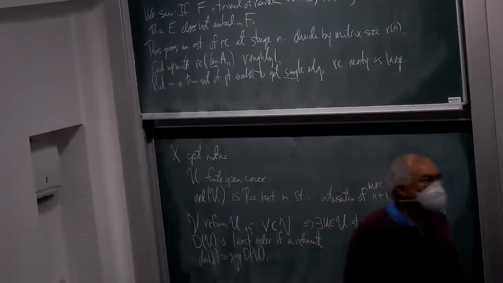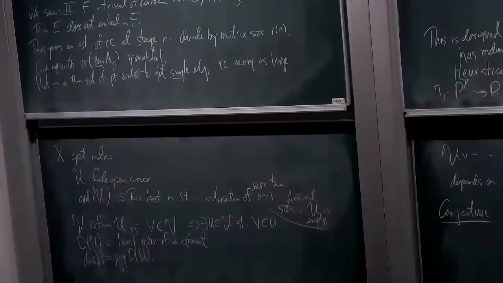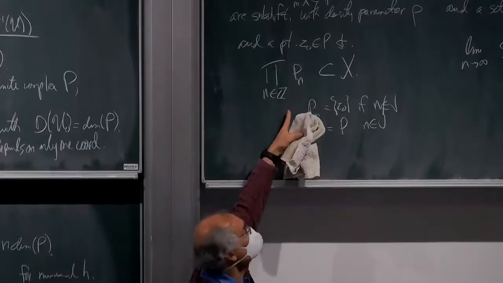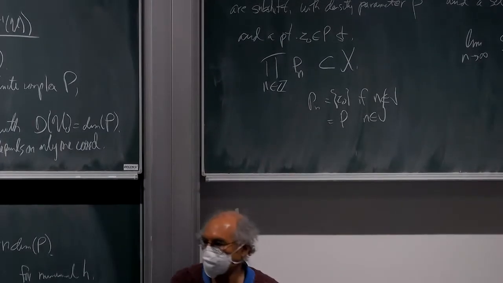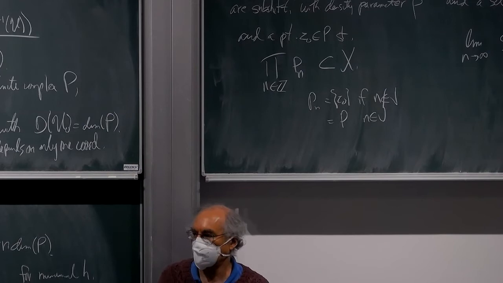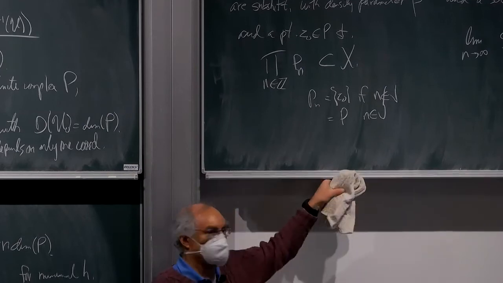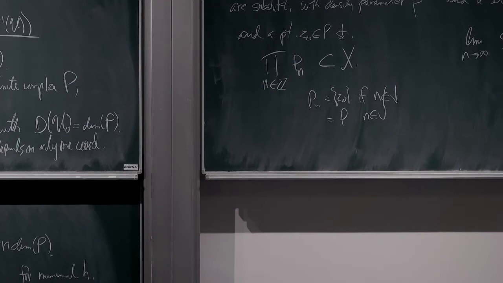And of course, since it's invariant, all the translates of this also have to be contained in X. So this is something that looks rather strange. It's a misleadingly simple example of a subset of X. Okay.